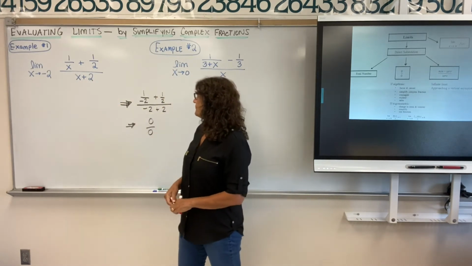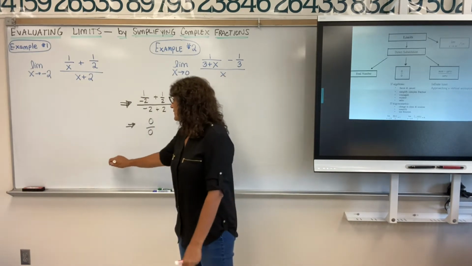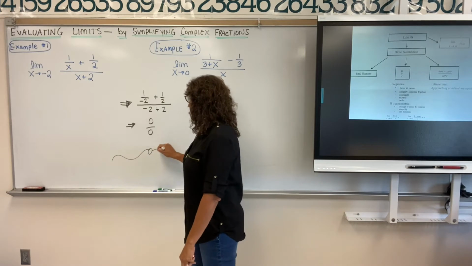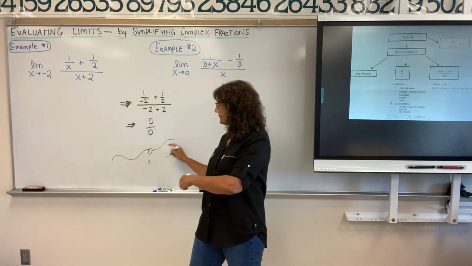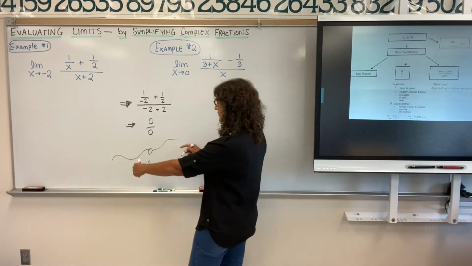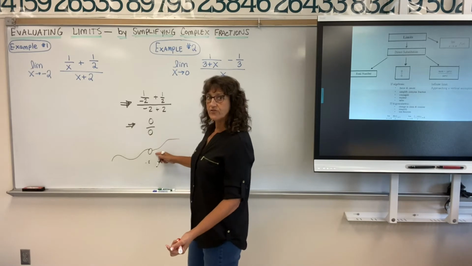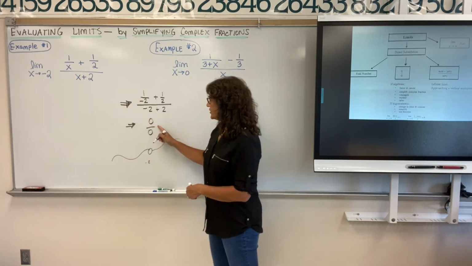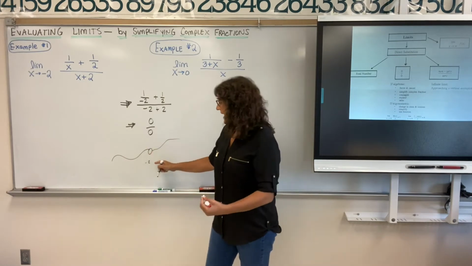So indeterminate form, what does that mean? As the x values approach -2 from the left and from the right, we want to figure out where the y's are going. Because you have indeterminate form, this graph has a hole in it when x is approaching -2.